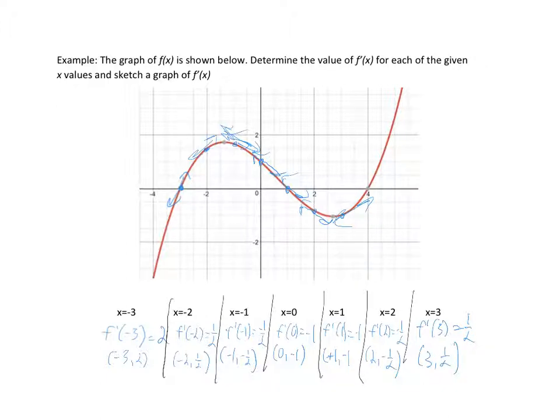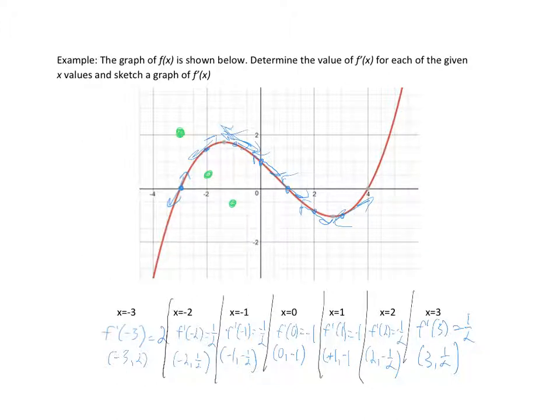So what all of these points do is they allow me to sketch what I think the graph of the derivative is going to look like. So I'm going to put points at all these values. At -3, we guessed it was 2. At -2, we guessed it was 1/2. At -1, we guessed it was -1/2.